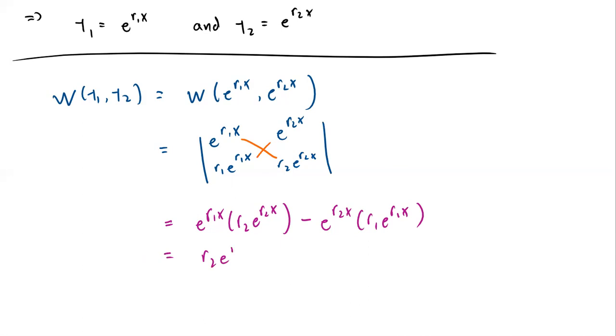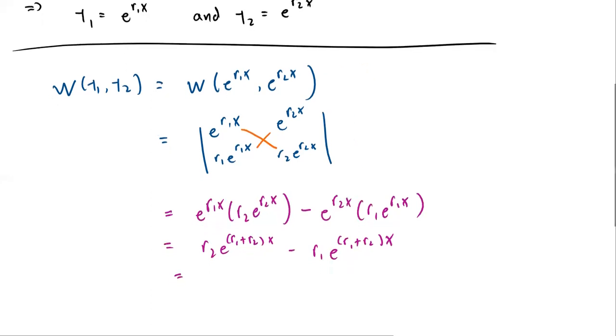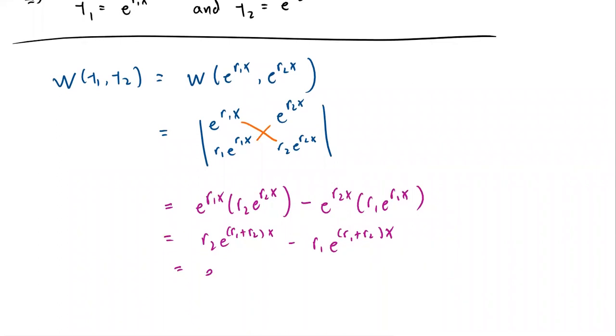So this becomes e to the (r1 plus r2)x minus r1 e to the, again, same base, so you can combine the exponents. Now we can factor out the e to the (r1 plus r2)x from both sides. So let's do that. And if we do that, we're left with r2 minus r1 here. Right? And now remember, for these functions to be linearly independent, we want the Wronskian to not be equal to 0.